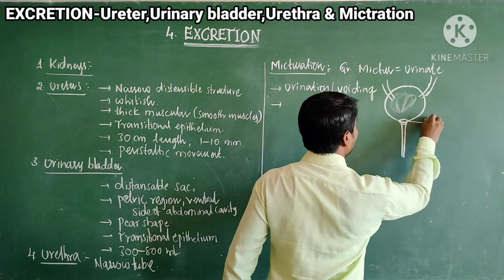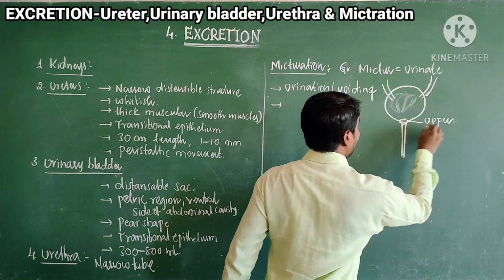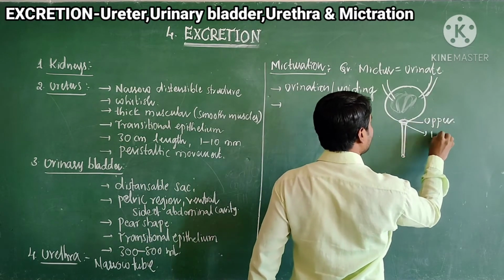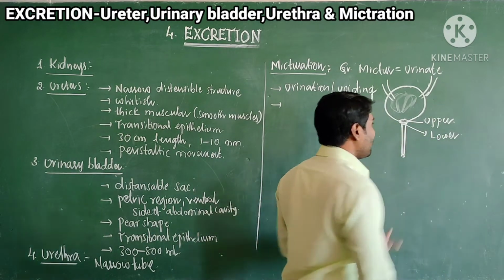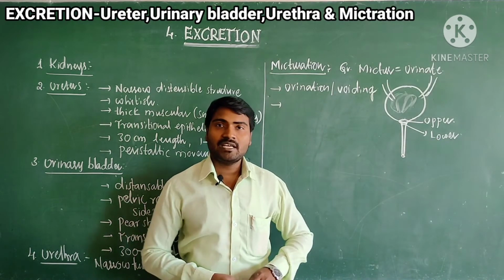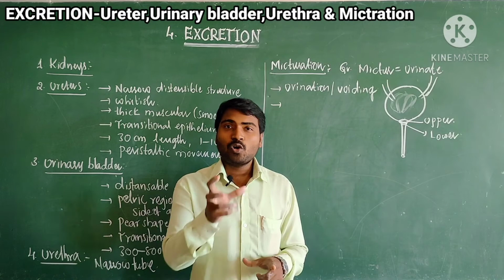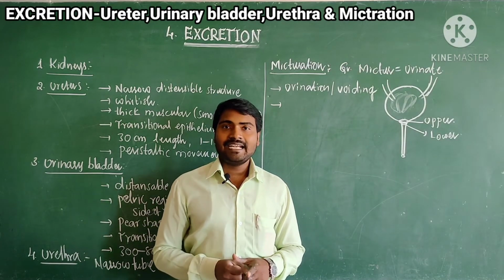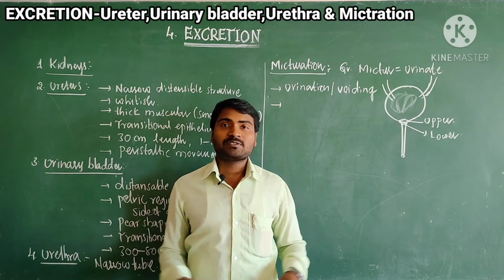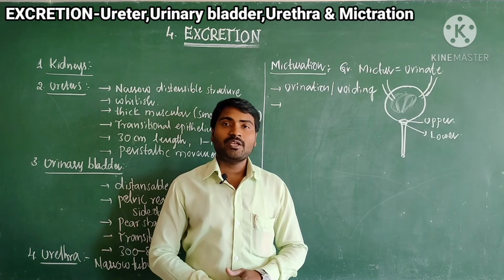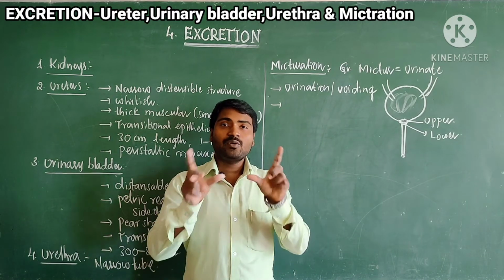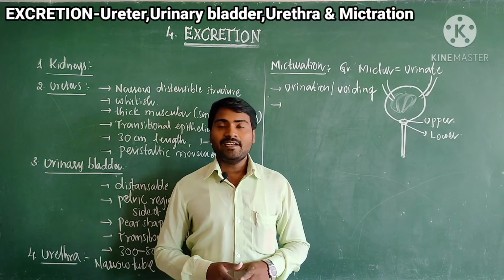This upper sphincter is involuntary in nature, whereas the lower sphincter is voluntary in nature. When the urine is passed into the bladder, both the sphincters are contracted. So they stop the release of urine into the urethra until the urine is collected in the bladder.